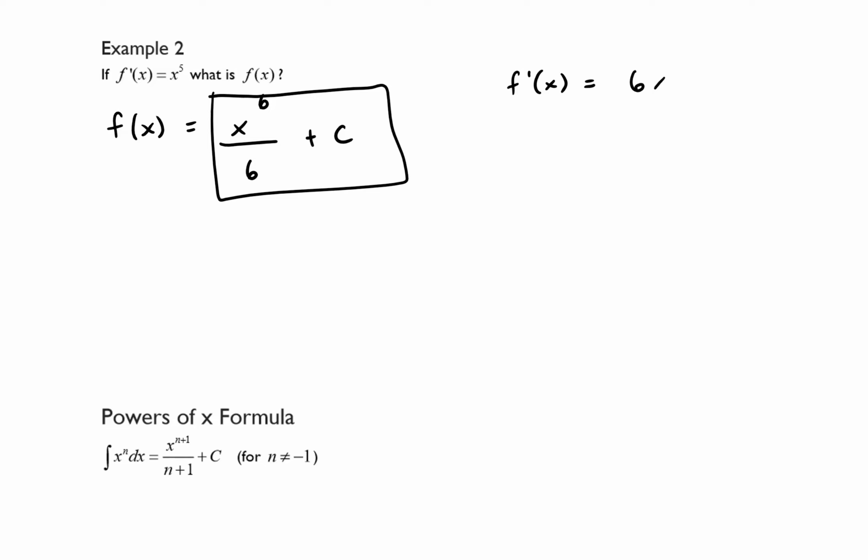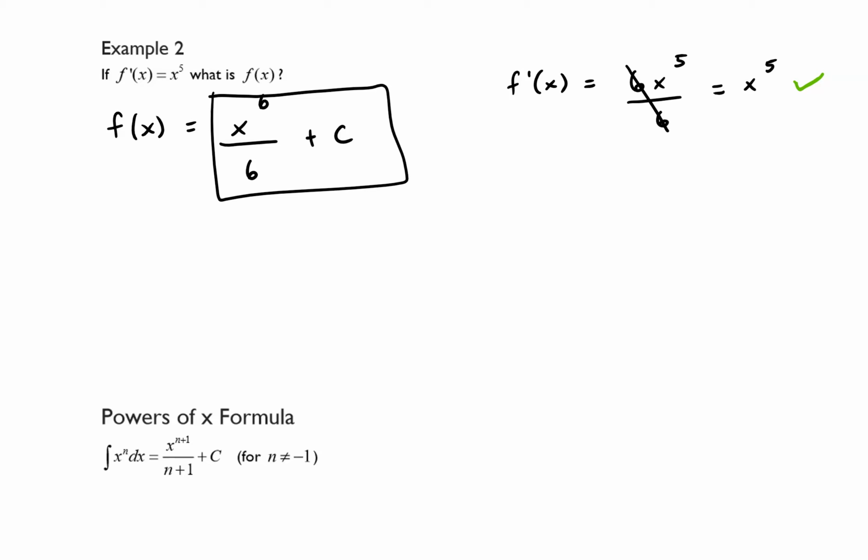So if I bring the power down, these will cancel out, and it's equal to x to the 5th, which was our original function. So that checks off, and we know that we have integrated that correctly. And if we integrate the constant, then we get 0. So we just have x to the 5th, so that works.